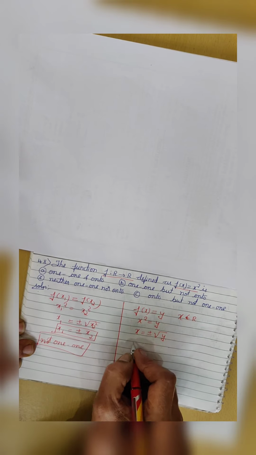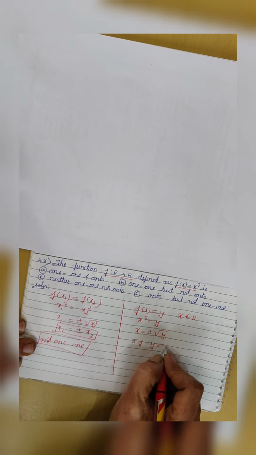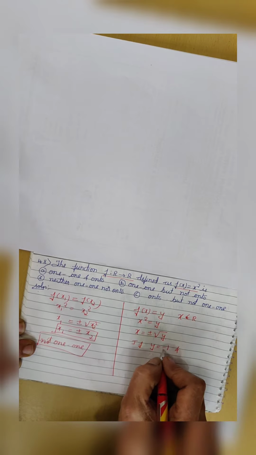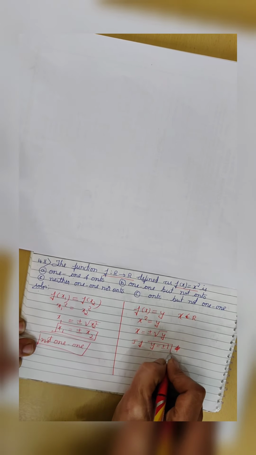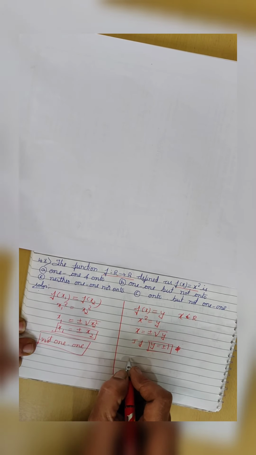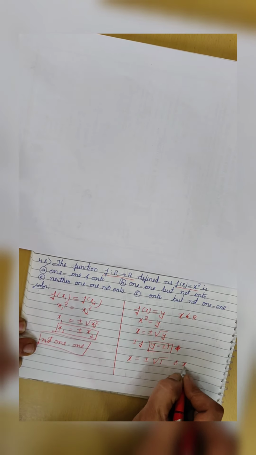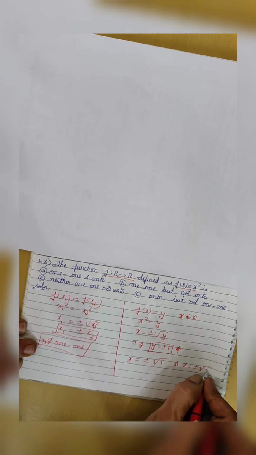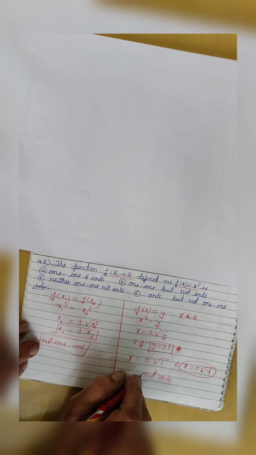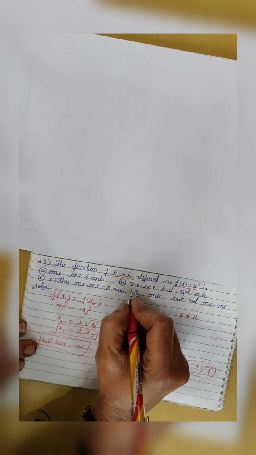If y is equal to minus 1 and plus 1, because it is R, then x is equal to plus or minus square root of 1 or plus or minus square root of minus 1. Now square root of minus 1 is not possible, therefore it is not onto. Therefore the correct option is neither one-one nor onto, Option C.